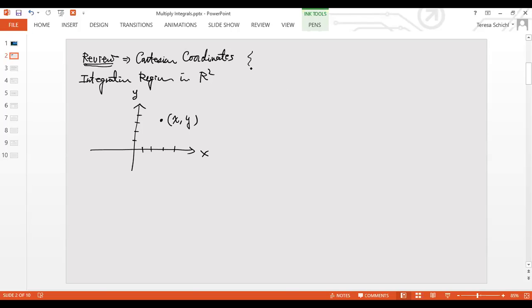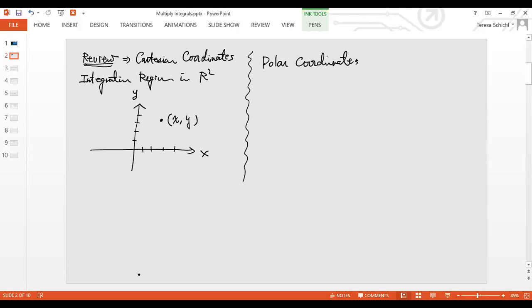So now we say, okay, let's expand it. How do I do this in the polar coordinates? And why do I want to use polar coordinates? Like I mentioned at the beginning of the lecture, for this multiple integrals unit, we do not emphasize the integration technique, like u-sub and those things.